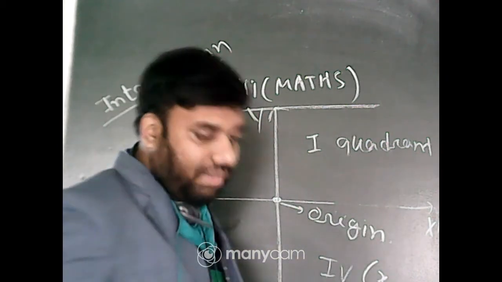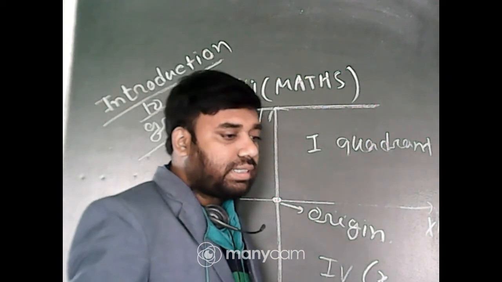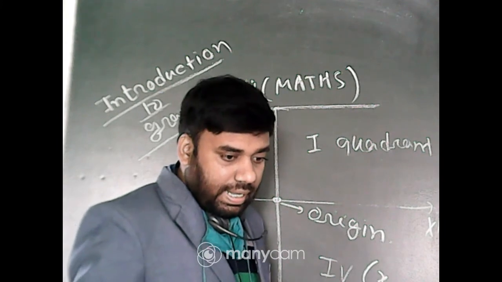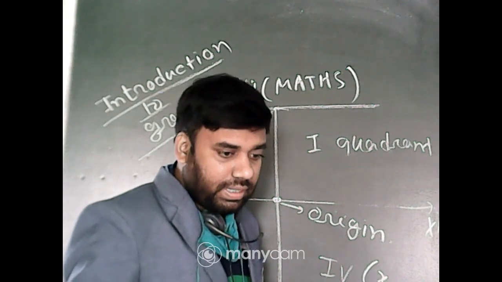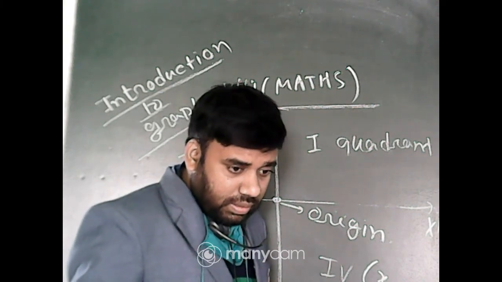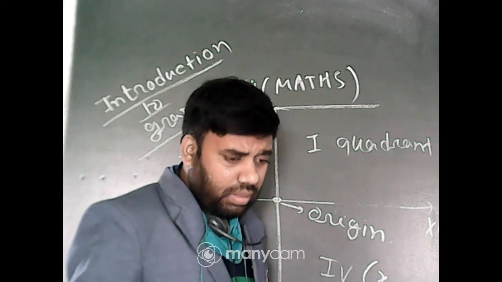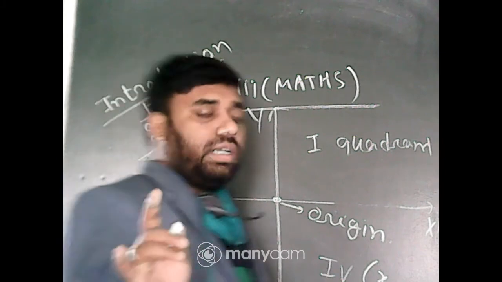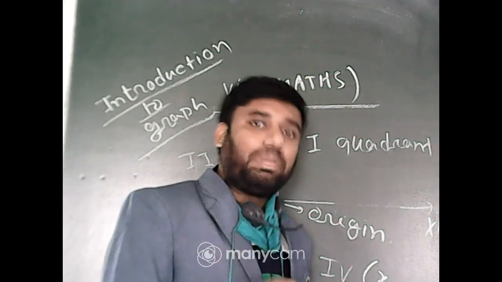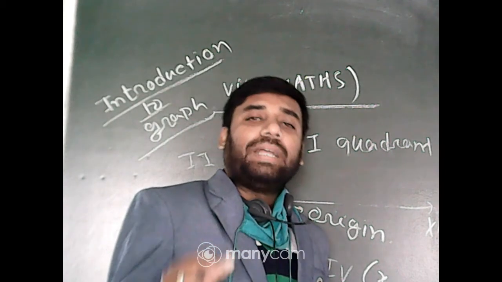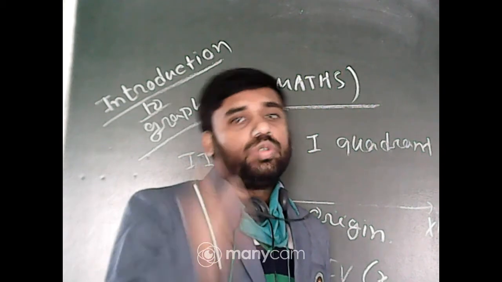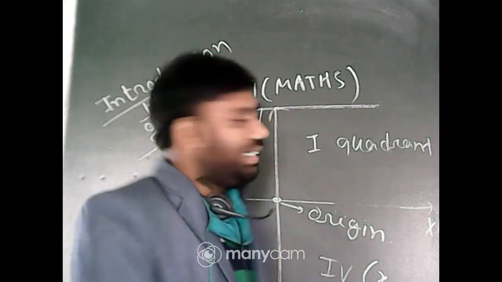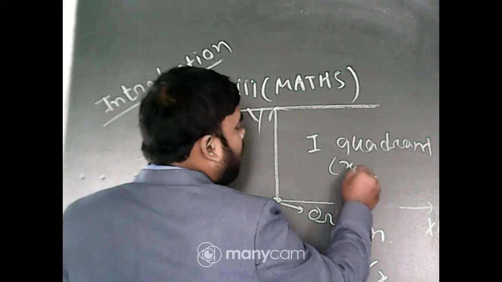First of all, students, have I started the chapter Introduction to Graph in your class previously? No. So any point on the plane can be represented by 2 numbers, x and y, written as (x, y).